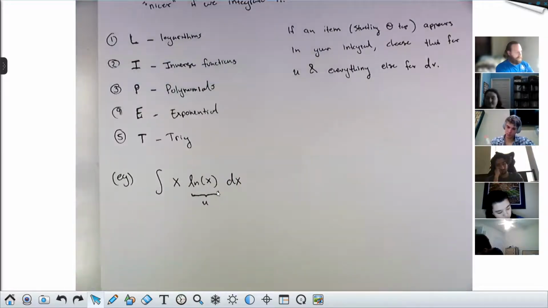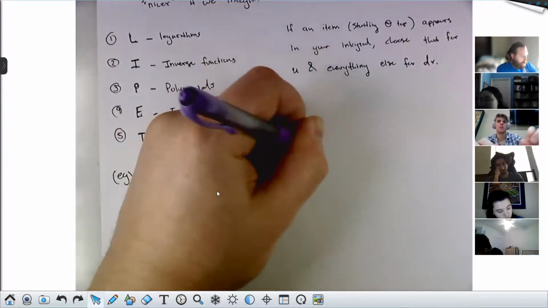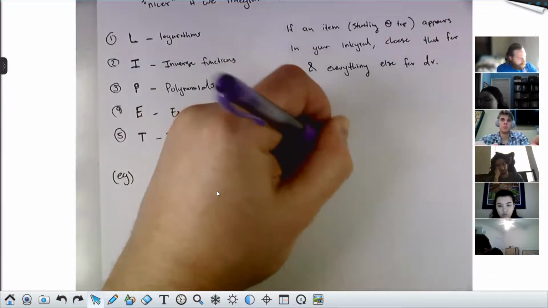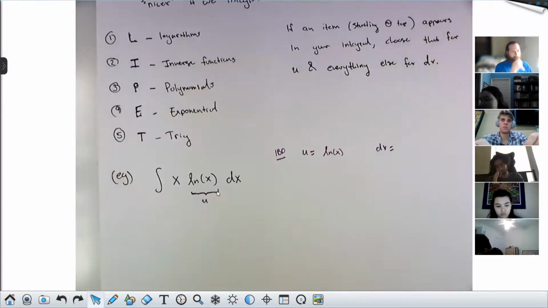So I'm going to do integration by parts, and I'm going to pick this to be my function u. So what is dv going to be? Very good, Amanda. Yeah, dv is always just everything else. And everything else here is x times dx.